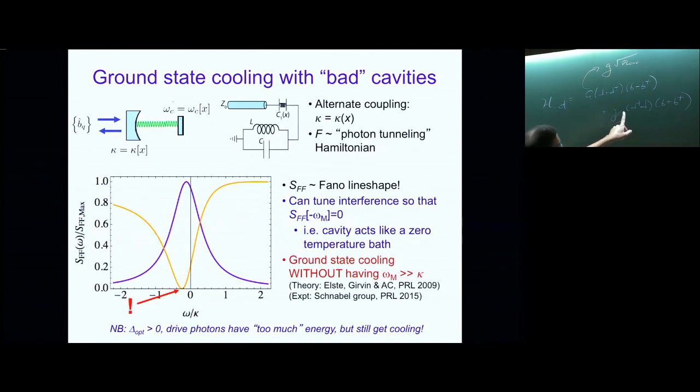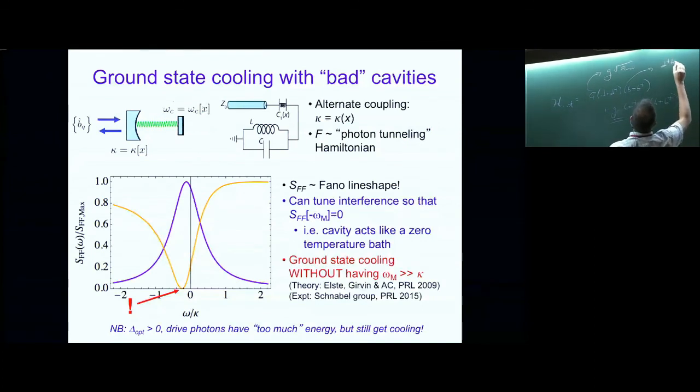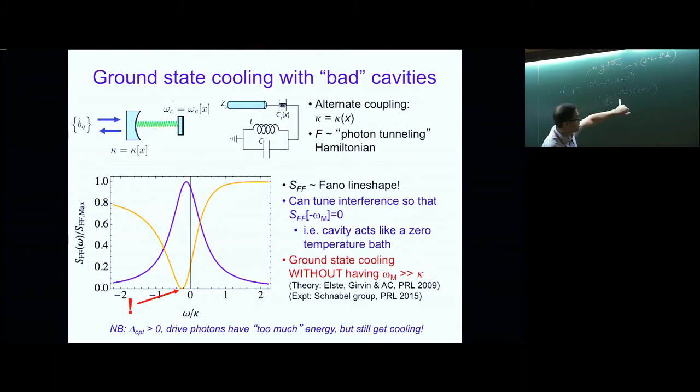The answer is that if I drive at the red sideband, this first term is basically just this beam splitter interaction, because in my rotating frame, the mechanics and the cavity are resonant. So this term is resonant, and has an amplitude little g if the number of photons is order 1. This term is non-resonant. No matter what, it doesn't change the number of photons.